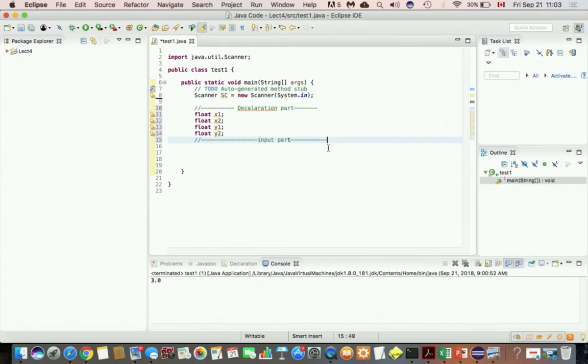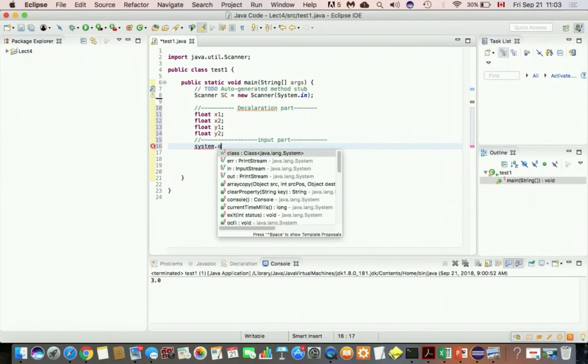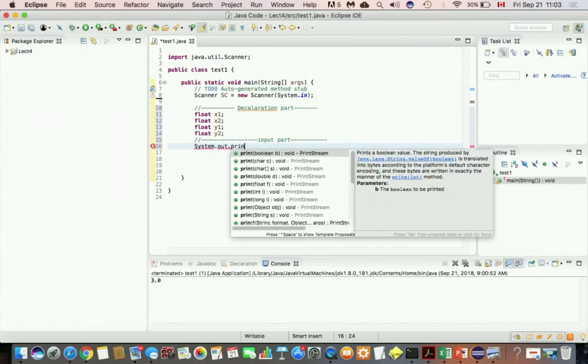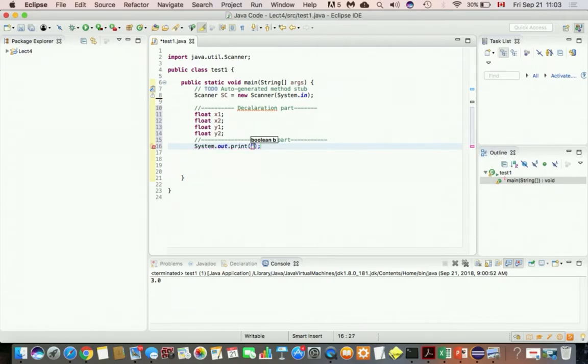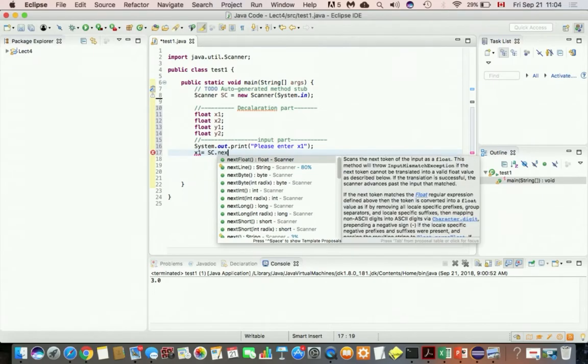And at the input part, I should ask the user to enter these 4 inputs, right? So at the beginning, I will ask the user politely like this: System.out.print, please enter x1. That's right. So this is x1. Now I should receive x1 as an input. So here x1 equals, where's the scanner? I had sc dot next what?